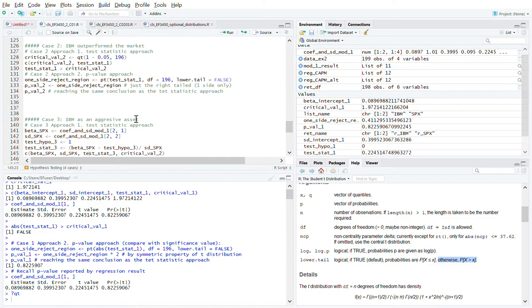In this case it's a right tail, so we just keep the right tail probability. So let's get started.